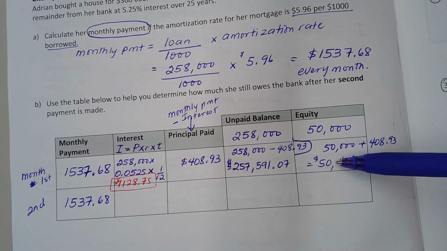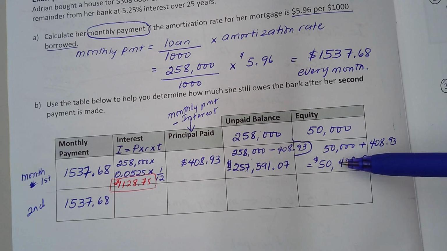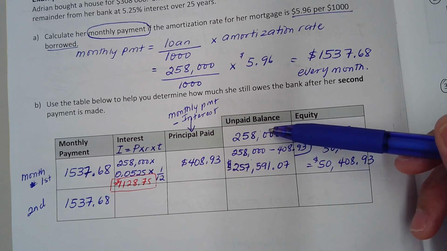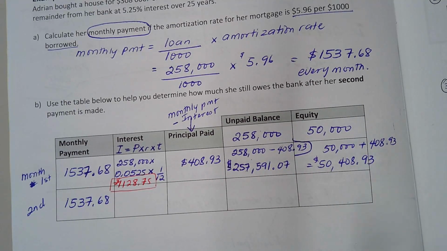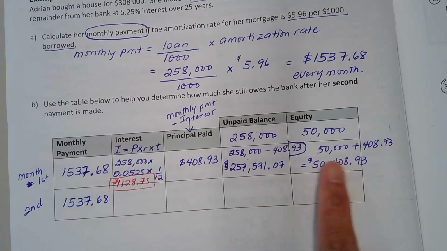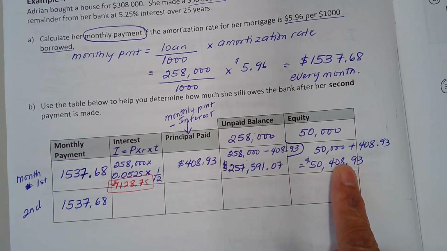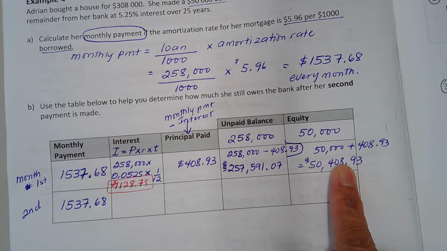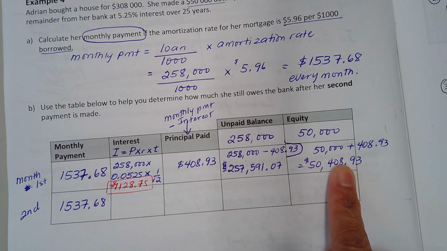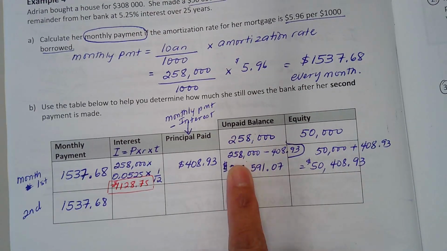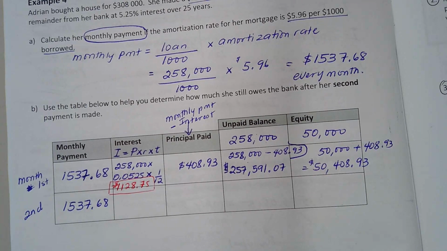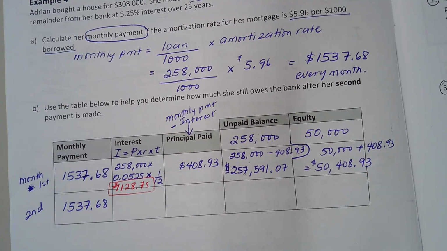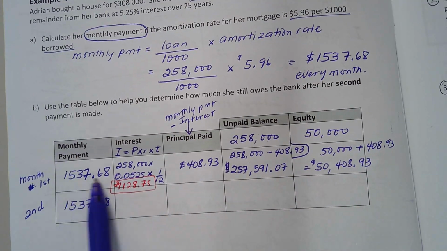It's starting to go up, right? So this is going down, this is going up. Does it still add up to 308? It should, right? Because you took away from here, but you brought it in here, so it's still balanced out. Okay, that's the first month.